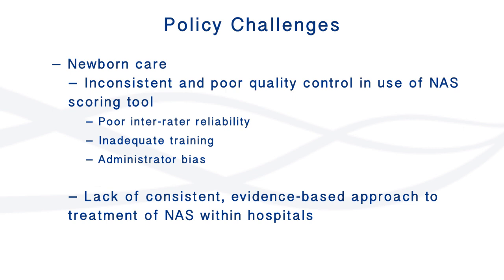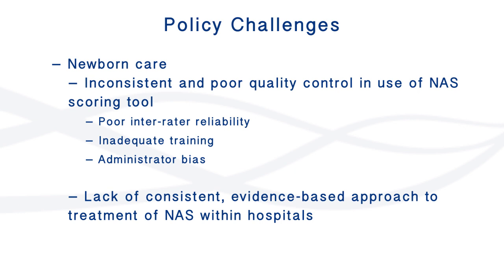For the newborn, there's an inconsistent and poor quality control in the use of neonatal abstinence screening tools. By far the most popular screening tool is the Finnegan score. It's used in many, many nurseries.